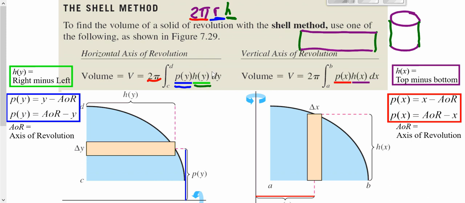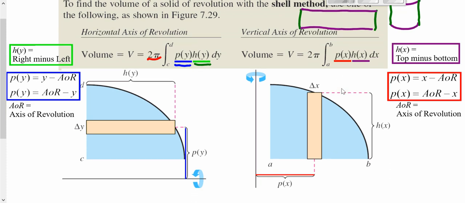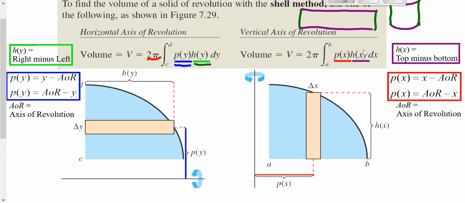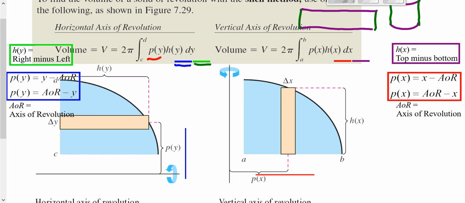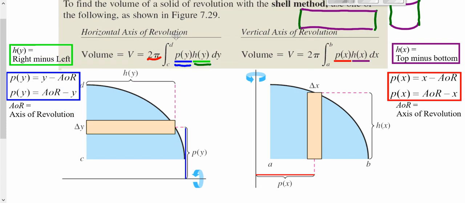Now, whether you're dealing with y's or x's, it's really the same thing. When you're looking at volume of a shell, you go 2 pi. If you're dealing with a horizontal axis of revolution, you're dealing with your y's. If you're dealing with your x's, your a and your b would be how far left and right your shape goes.